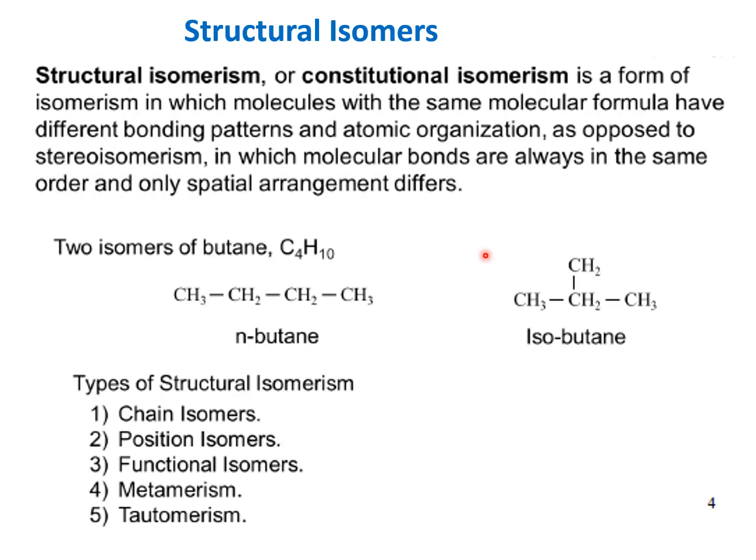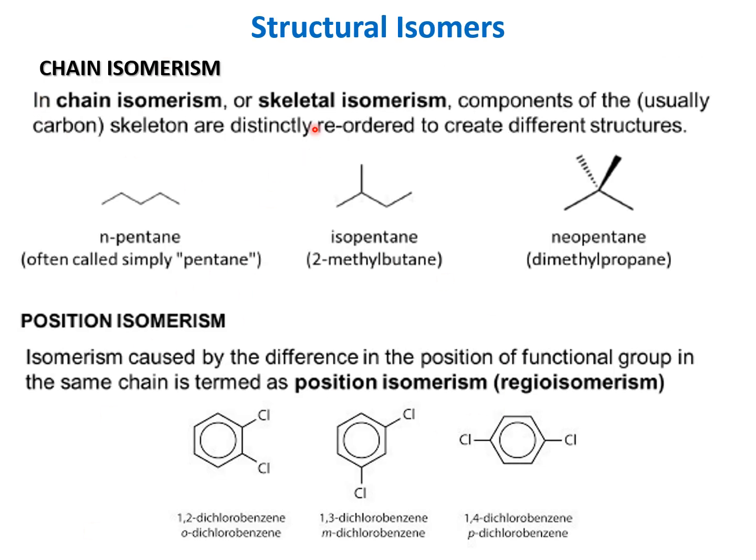So first one, structural isomers. Structural, that is, same molecular formula but different structural arrangement. So they are termed structural. The other types of structural isomers are chain, position, functional, metamerism and tautomerism. The first case, chain.